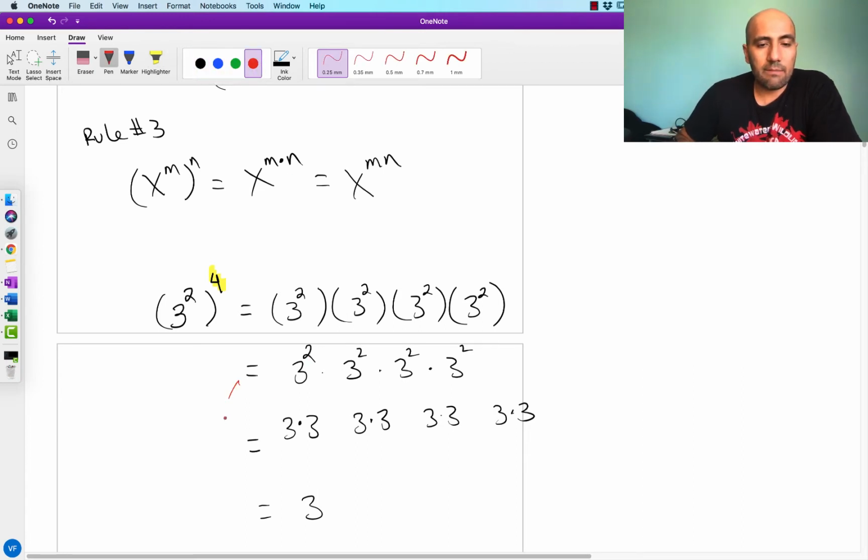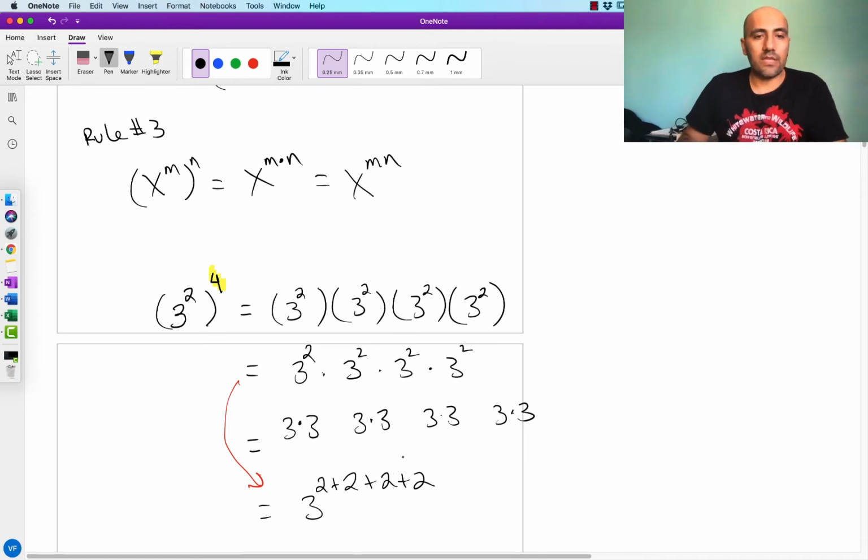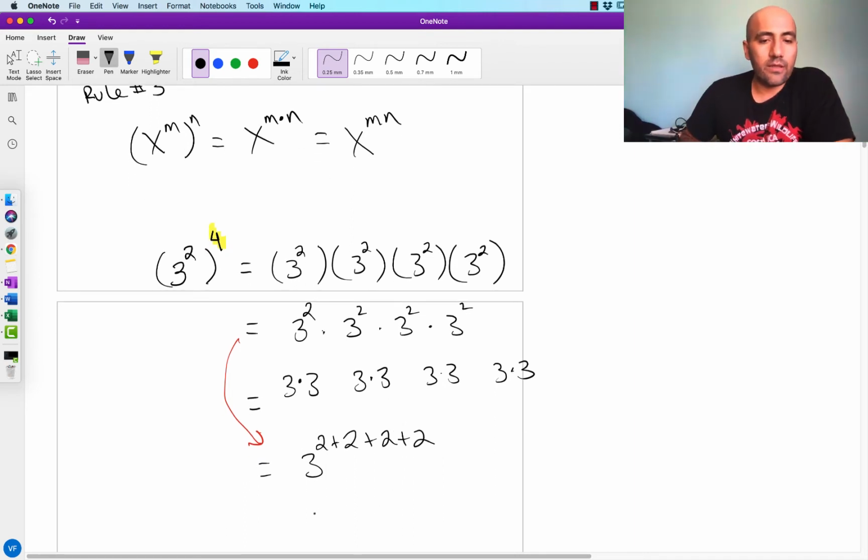We can skip this step and go to this step and say that this is equal to 3 to the power of 2 plus 2 plus 2 plus 2 using rule number 1, right? We add the exponents whenever we're multiplying exponential numbers. And so any way you slice it, we end up with 3 to the power of 8.